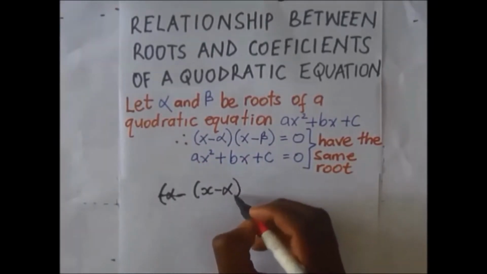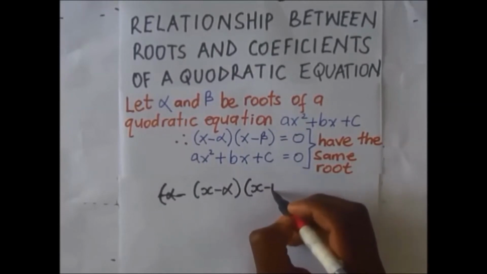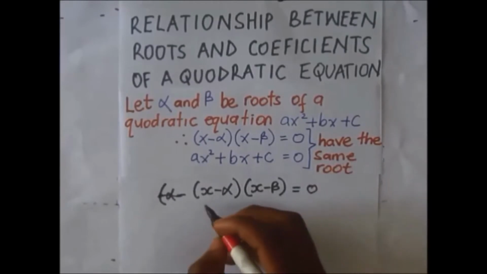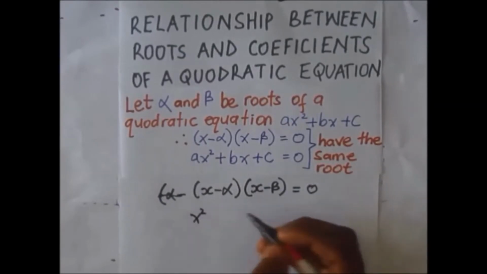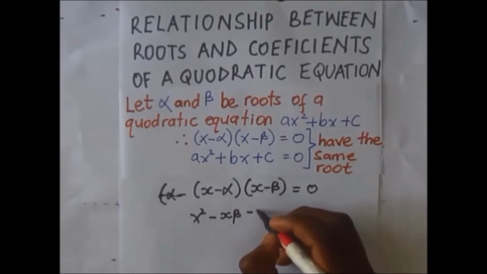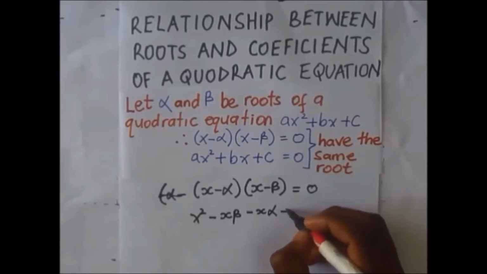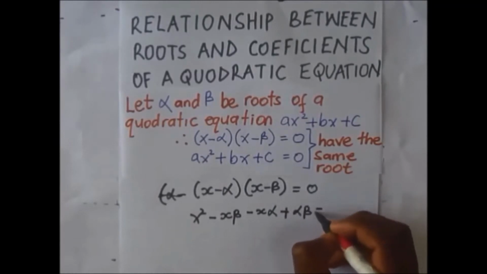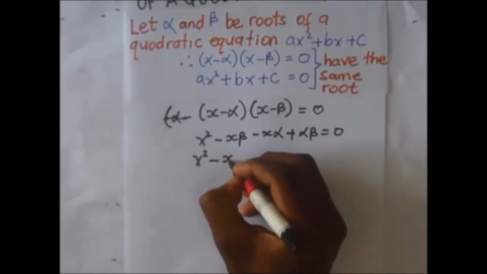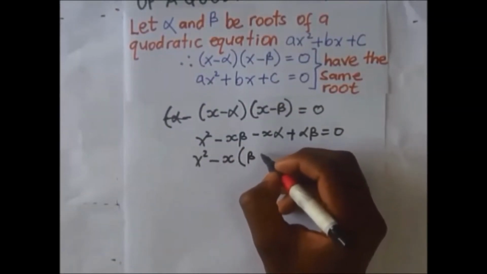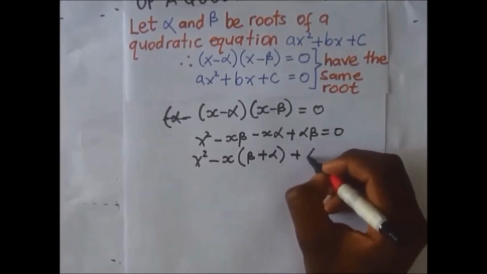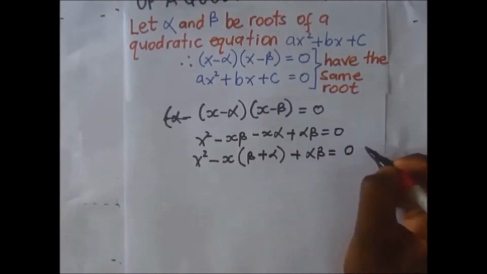X minus alpha into x minus beta is going to be equal to 0. When we open brackets here, it's going to become x squared minus x beta minus x alpha plus alpha beta is giving us 0. So we shall end up with x squared minus x outside the brackets into beta plus alpha, then plus alpha beta is equal to 0.